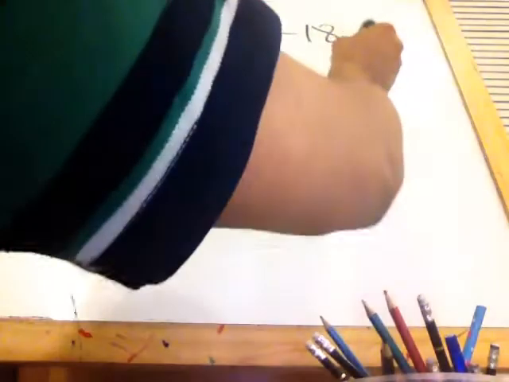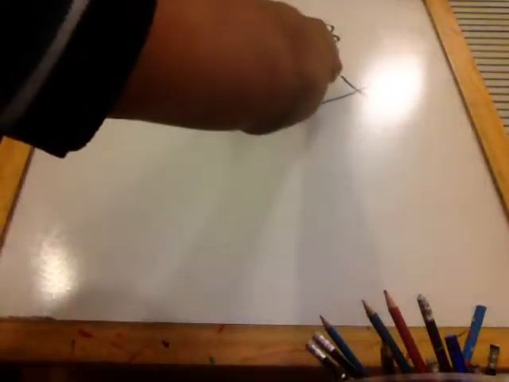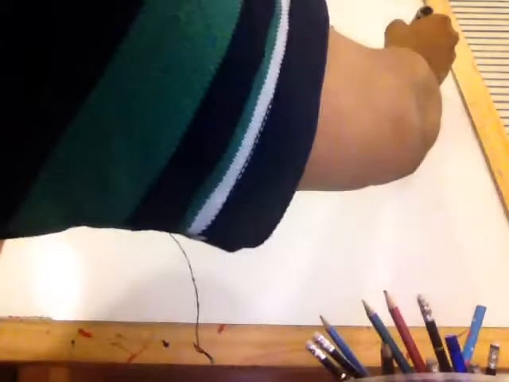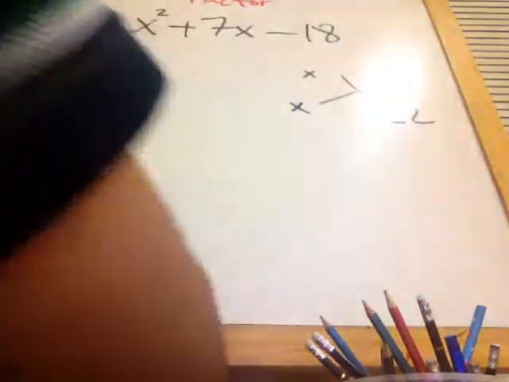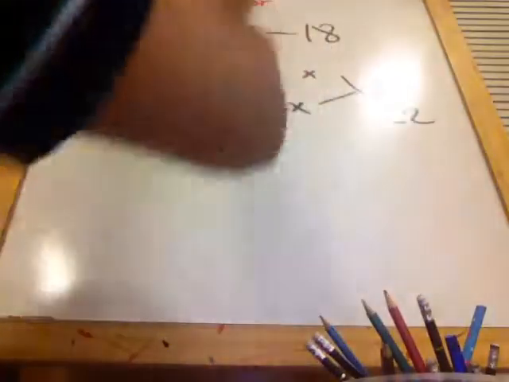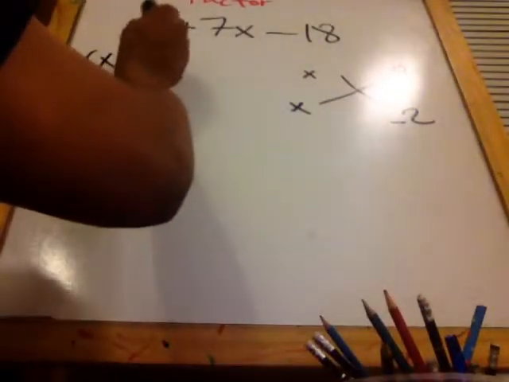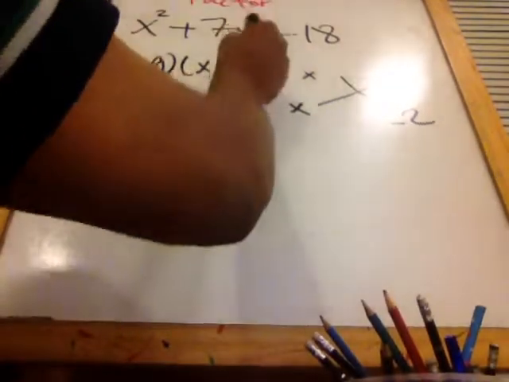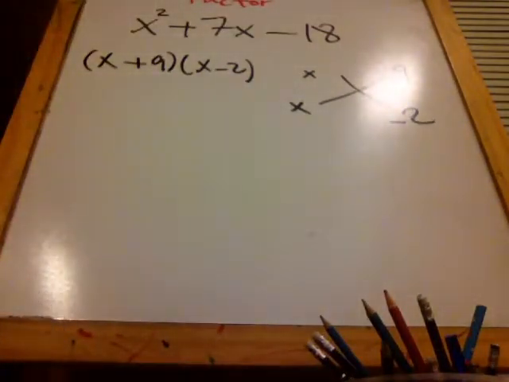So x is here, and 18 can be 9 times 2. I need the addition here, so one will be negative. If you add them, you get plus 7. So this is x plus 9 and x minus 2. Sometimes I don't check the discriminant because it's very easy to factor the trinomials.